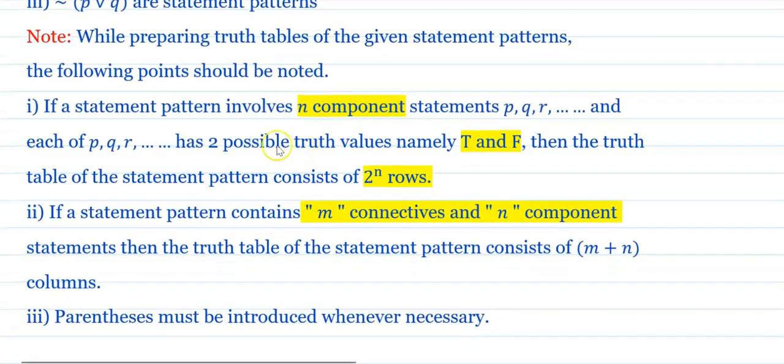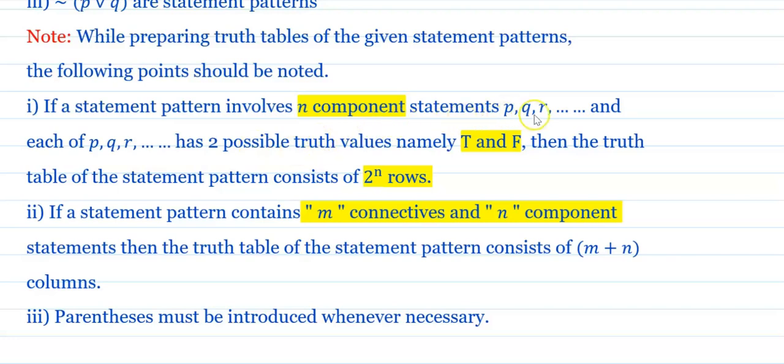If a statement pattern involves n components, P, Q, R, and each has two possible truth values, namely T and F, one is true and another is false, then the truth table of the statement pattern consists of 2 raised to n rows.